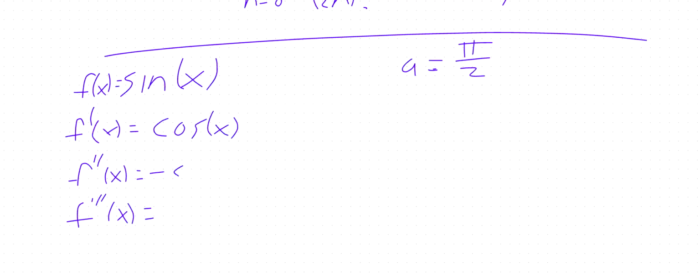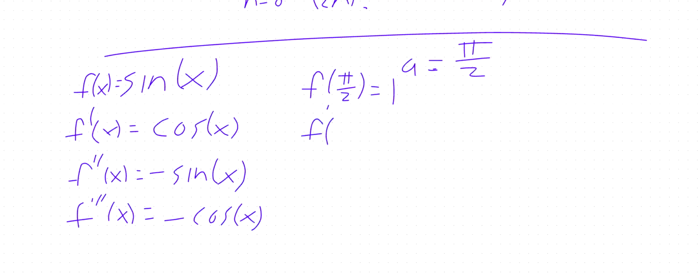So take all your derivatives. And then we're plugging in pi over 2. So this time we get a 1 there for our initial function. That's a 0. -1.